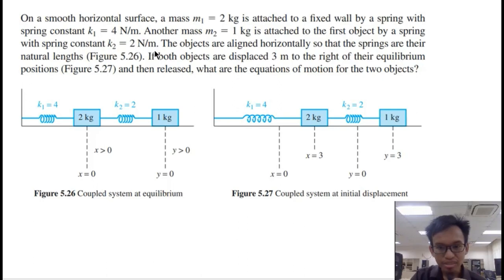The objects are aligned horizontally so that the springs are at their natural lengths. You can see the figure. If both objects are placed 3 meters to the right of their equilibrium position and then released, what are the equations of motion for the two objects? We need to calculate the equations that will represent the motion of these two objects.